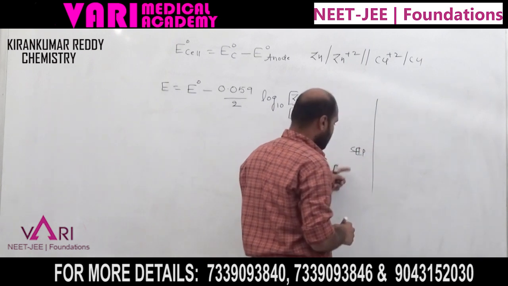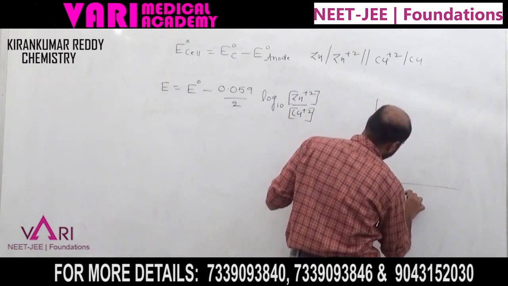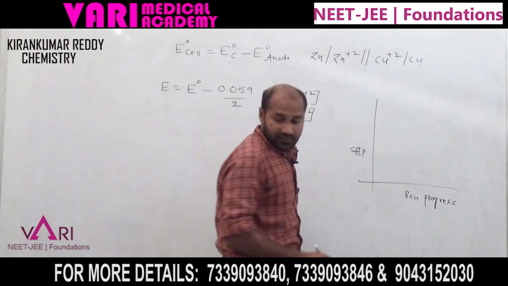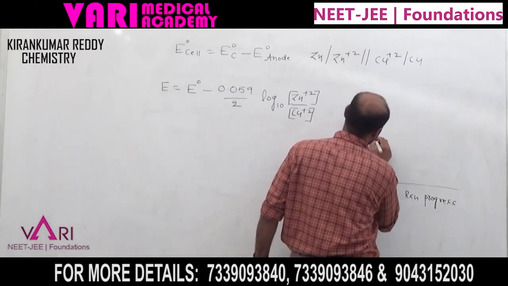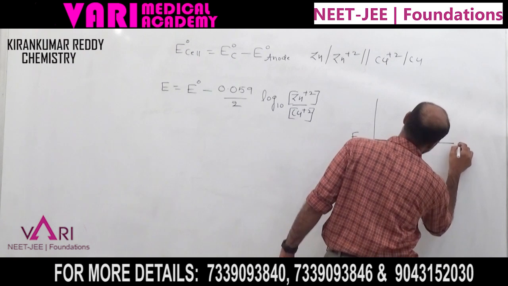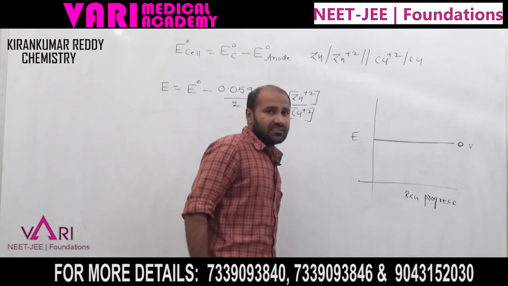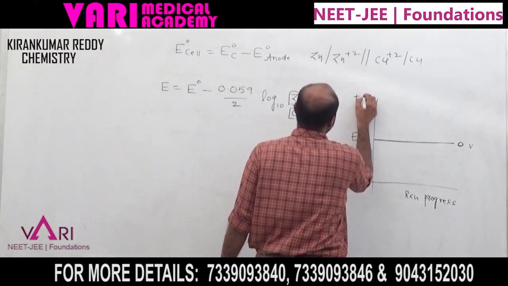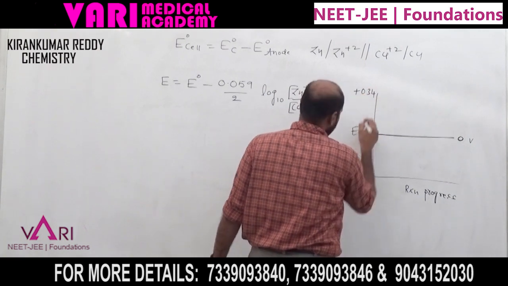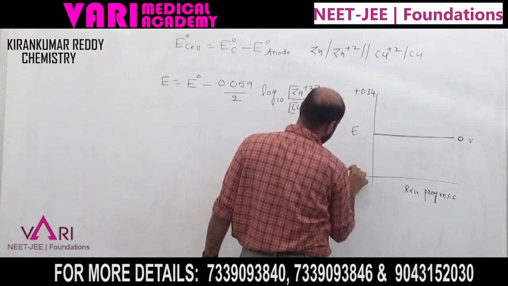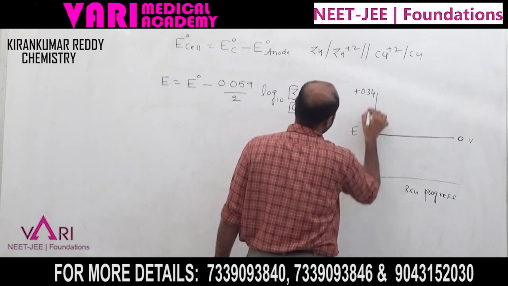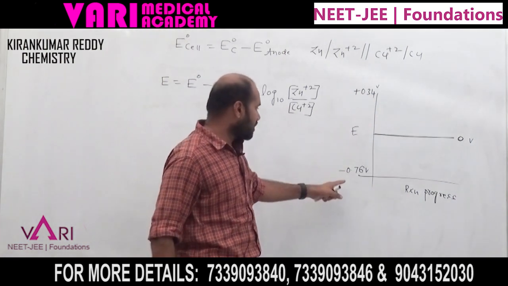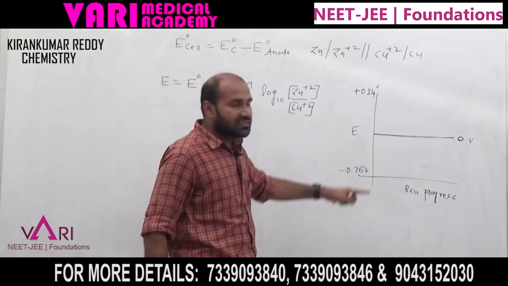We can plot the electrode potential versus reaction progress. This is our zero potential. Copper plus 2 is plus 0.34 volts and zinc is minus 0.76 volts.